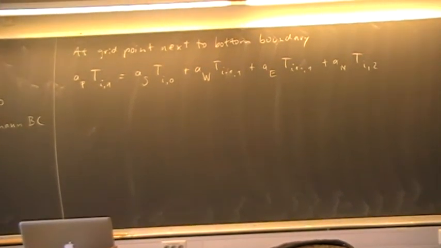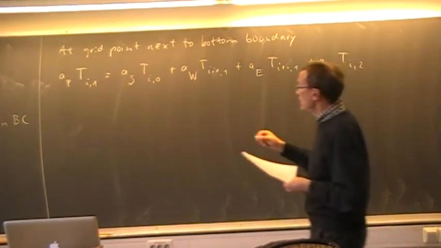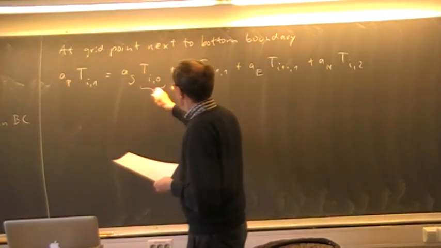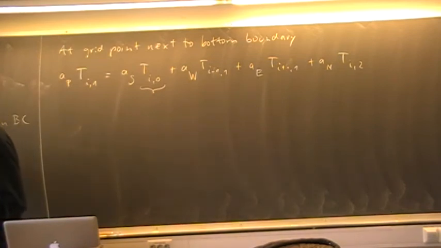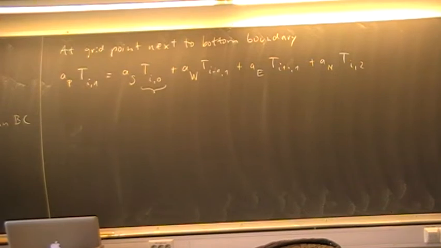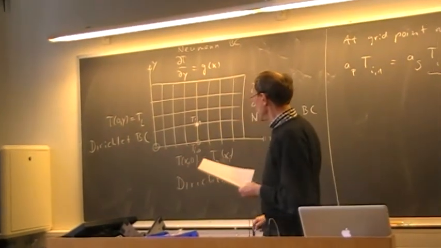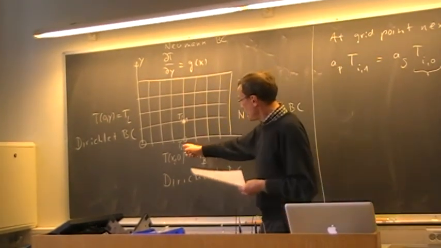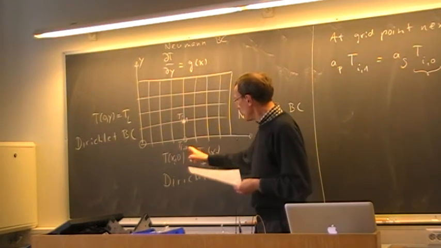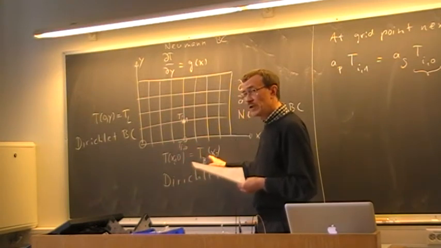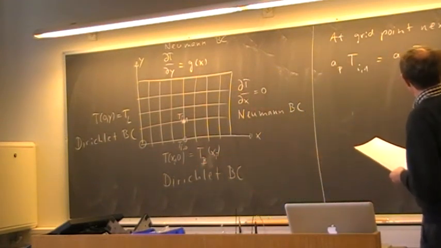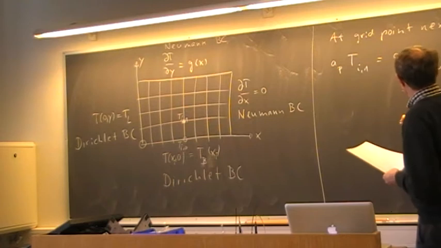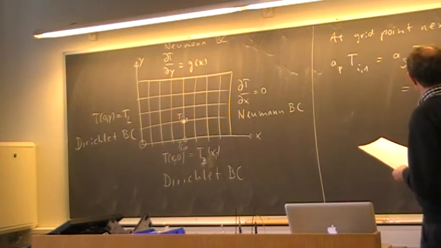So at this point the boundary condition will enter here, because here the boundary condition is given by this condition. So at point xi, the boundary value T i0 will be given by the value Tb of xi.